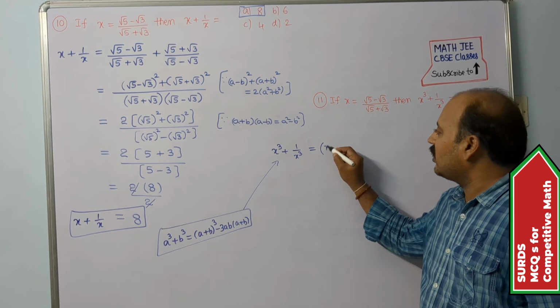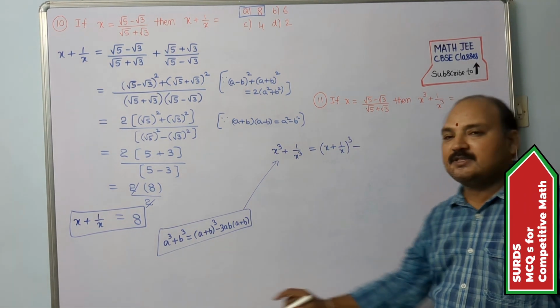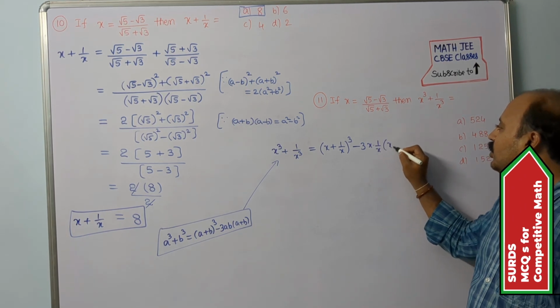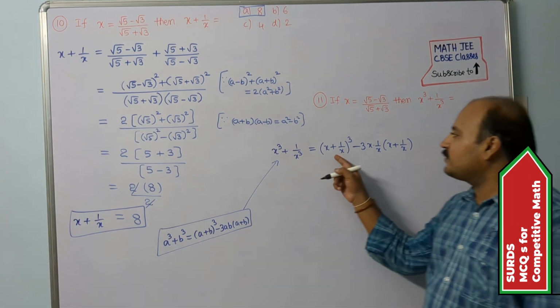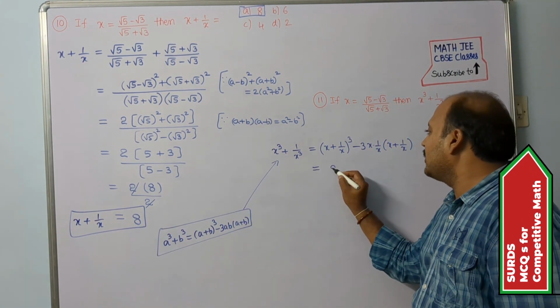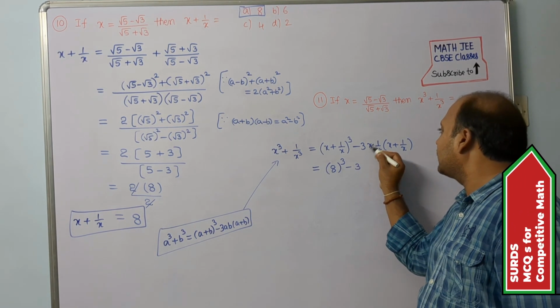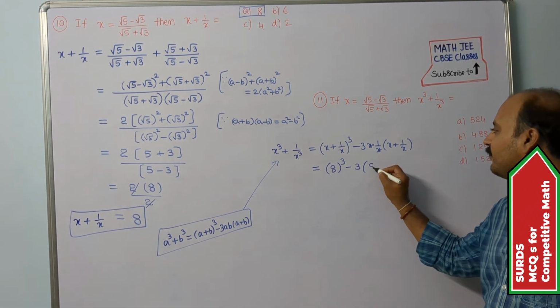So (x plus 1 by x) whole cube, dear students, minus 3 into x into 1 by x into (x plus 1 by x). Am I right? So wherever x plus 1 by x is there, you have to replace it with 8. So that is equal to 8 cube minus 3 into, x gets cancelled, x plus 1 by x value is 8.